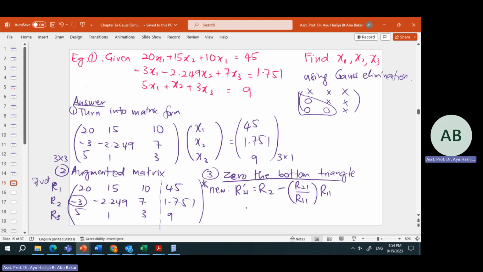Yeah, see how it will get 0. Now R2 here is -3 minus R21, here is R21. So R21 -3 over R11 is 20, multiplied by R11, which is 20 as well. Cancel out, then here you will get 0.